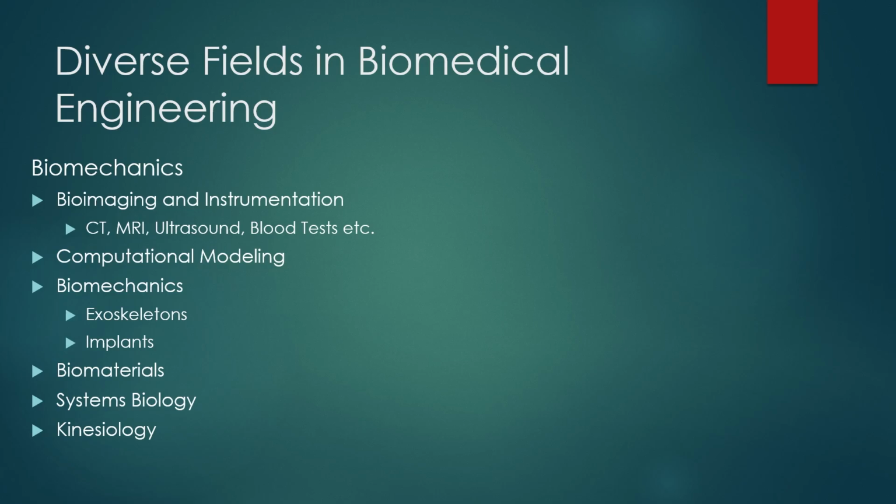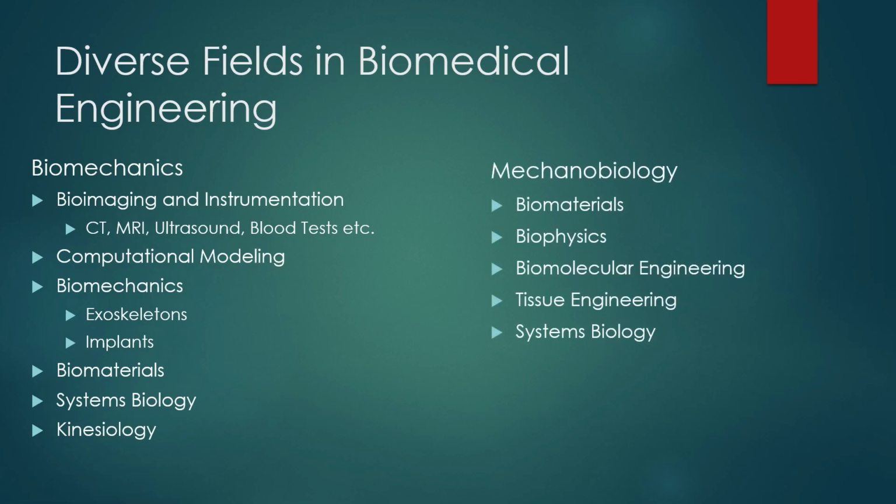That's kind of kinesiology. Now, mechanobiology, on the other hand, focuses on a much smaller scale, not in terms of breadth, but in terms of the system or biological organism that we care about. Mechanobiology focuses more on the cells, the tissues, and the organs, maybe even down to the atomic level if we're talking about biomaterials with nanoprinting and so forth.